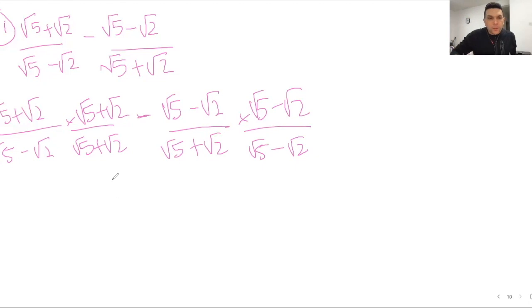Okay. So let's see. This would be 5 minus 2, right? Square root of 2 squared is just 2. And then we're going to have this square, right? Minus, same thing, isn't it?